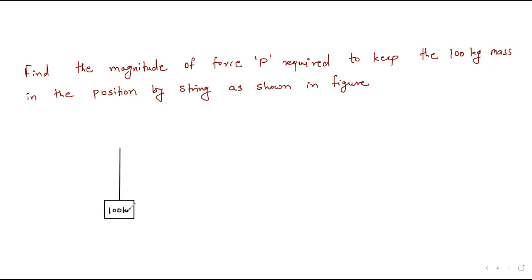Force P is given over here like this. This is force P, which is a perfectly horizontal force. So this is force P, and it is tied by a string. This is the given diagram that I have drawn. So here the string will be there, and it is tied to the surface.